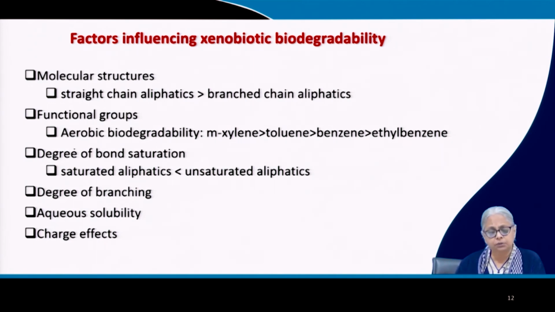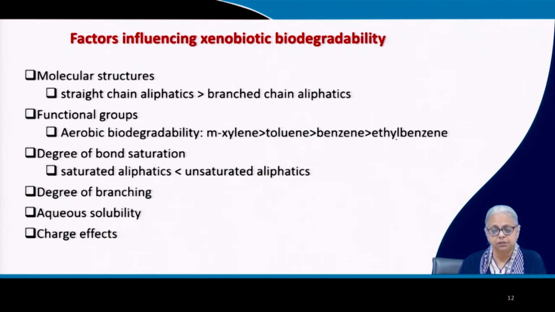Functional groups: under aerobic conditions, you have these ring structures. So you have benzene, toluene, xylene, ethylbenzene. It's been known that metaxylene is more degradable compared to toluene, more degradable compared to benzene, and ethylbenzene is the least degradable. So it all depends on the nature of the functional group that is attached to the aromatic ring.